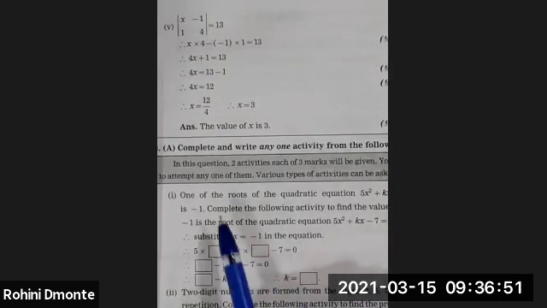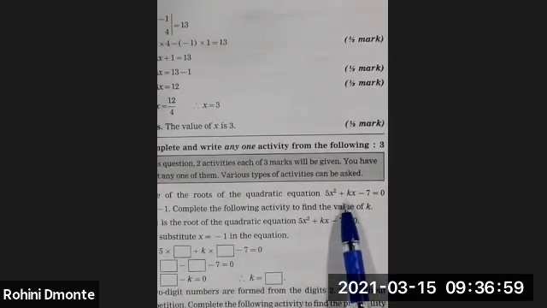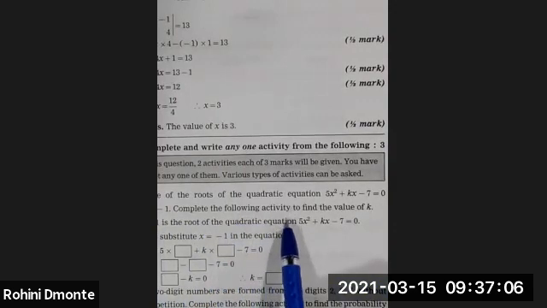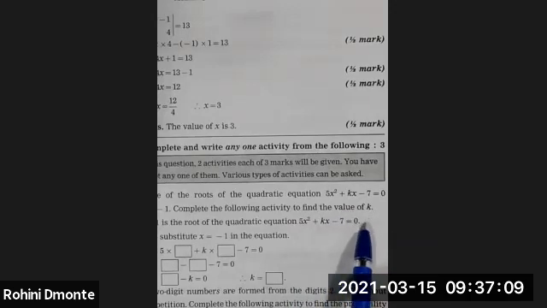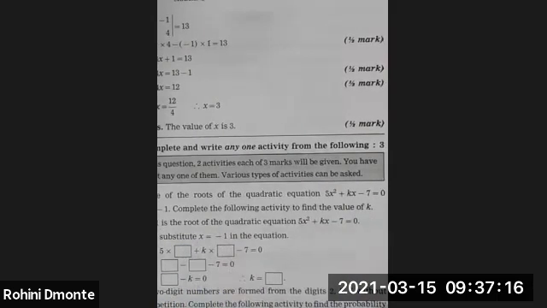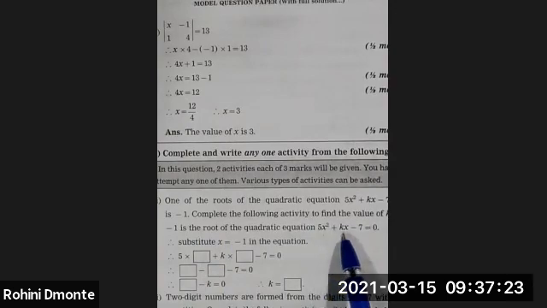First one: one of the roots of the quadratic equation 5x square plus kx minus 7 is equal to 0 is minus 1. Complete the following activity to find the value of k. See, which activity is given over here? Minus 1 is the root of the quadratic equation 5x square plus kx minus 7 is equal to 0.